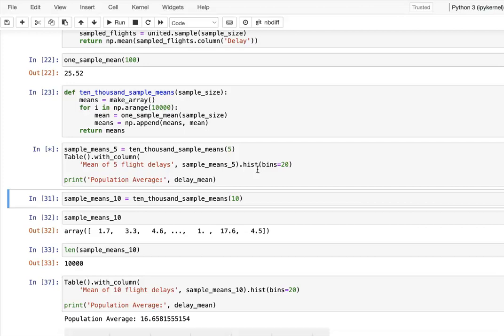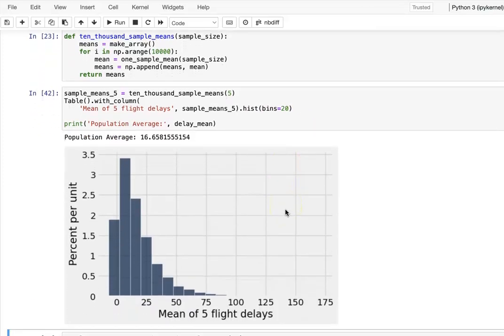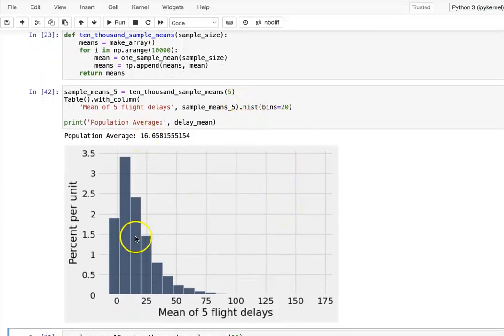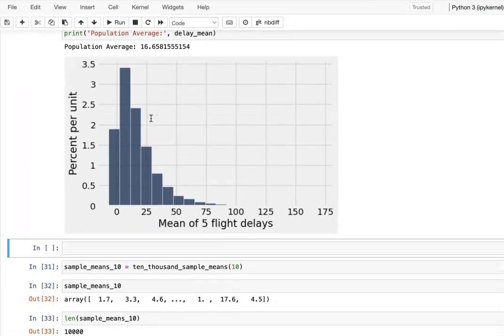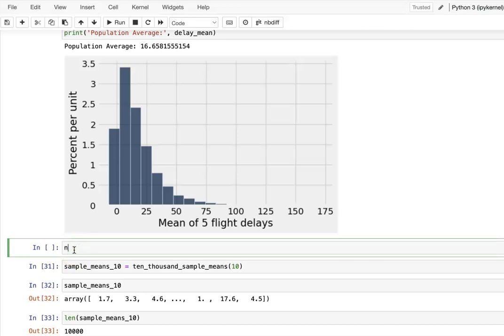This one will not run so long, because each time we only take 5. You can see they are not as symmetric as sample size 10. Then the same thing, we calculate our mean.